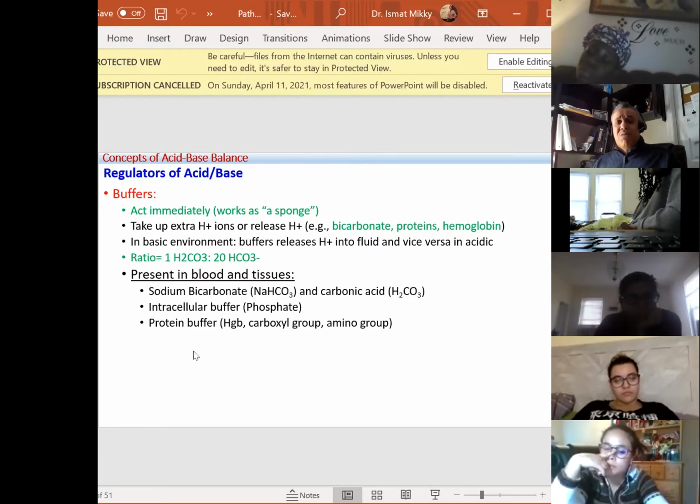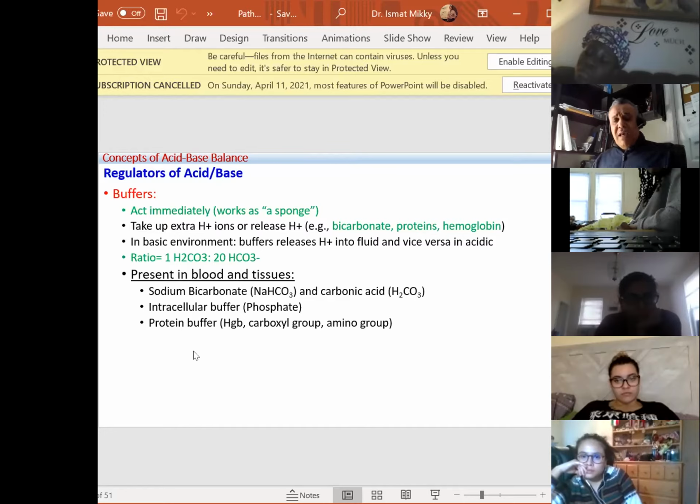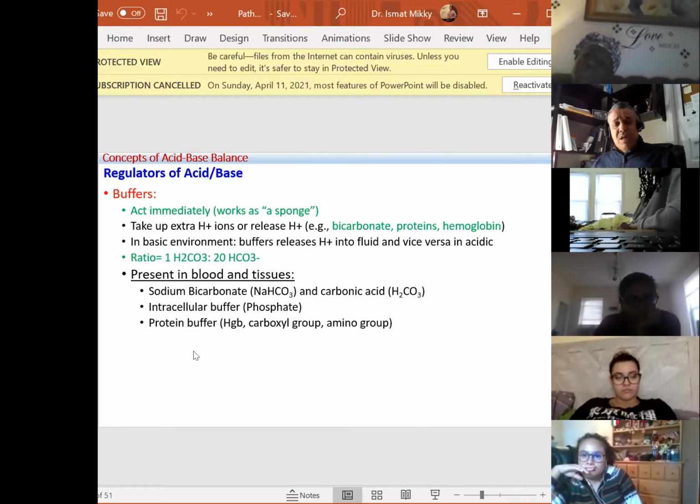However, if you draw the blood from the vein, it's going to be lower. That's known, from oxygenated versus deoxygenated blood. The venous pH will be around 7.31 up to 7.41.